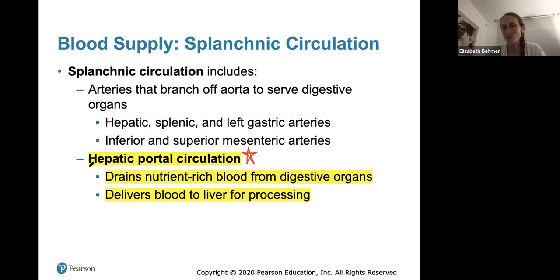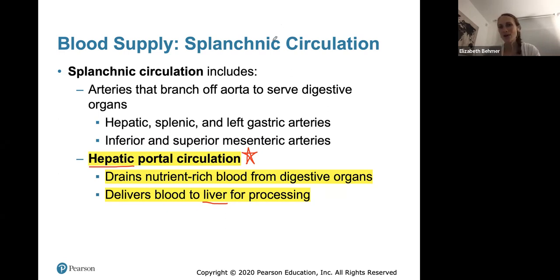And if you remember what the word hepatic means, that is always connected with your liver. So the hepatic portal circulation will always take the nutrient-rich blood that's been absorbed from the digestive system, and it always delivers it to your liver, because your liver is like your body's recycling center.